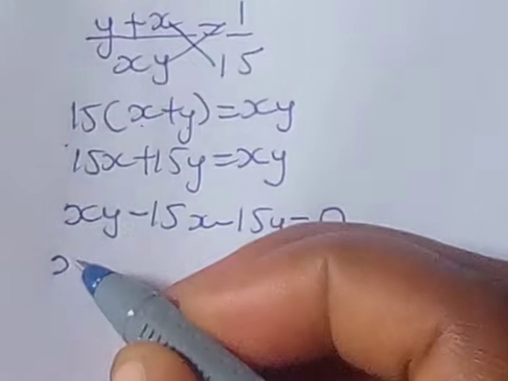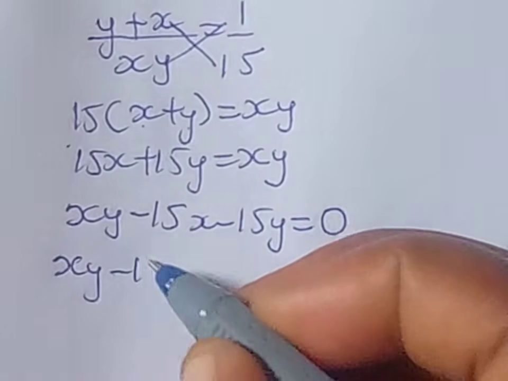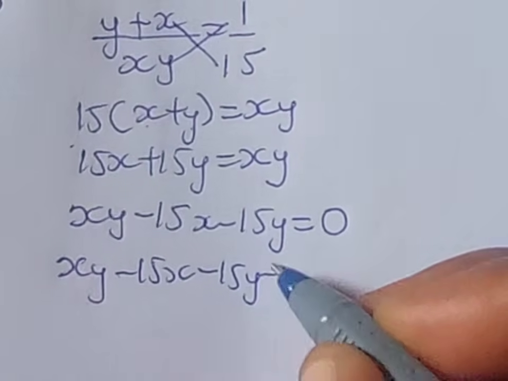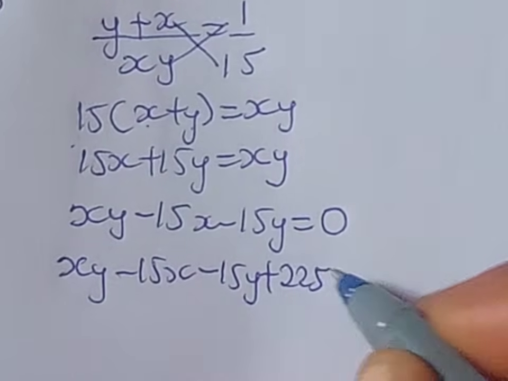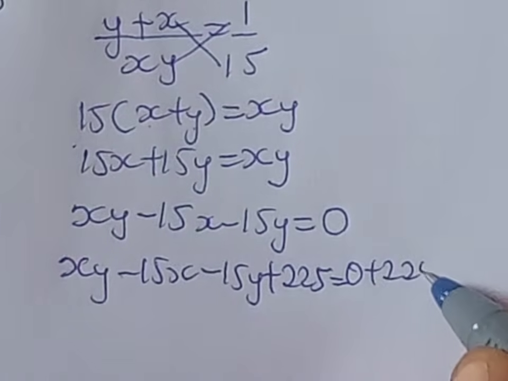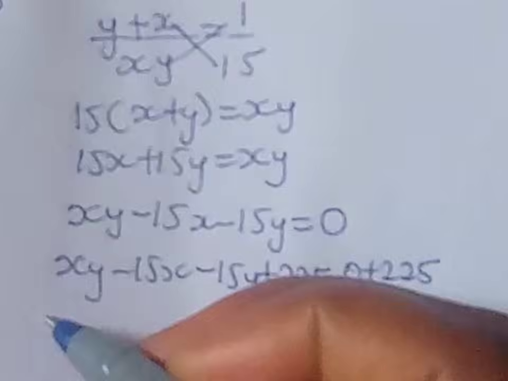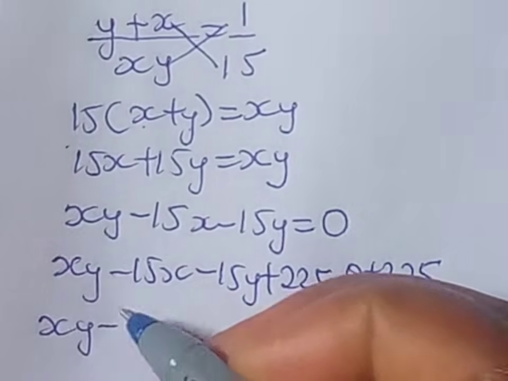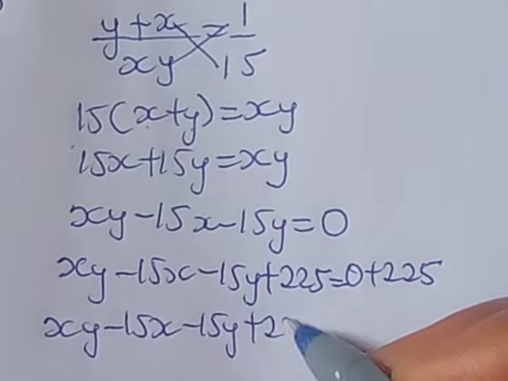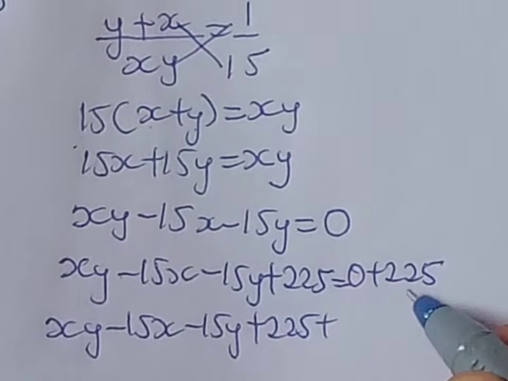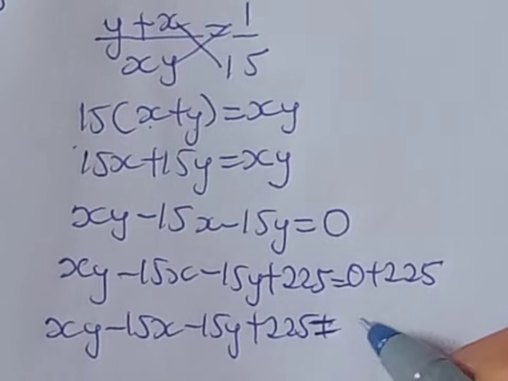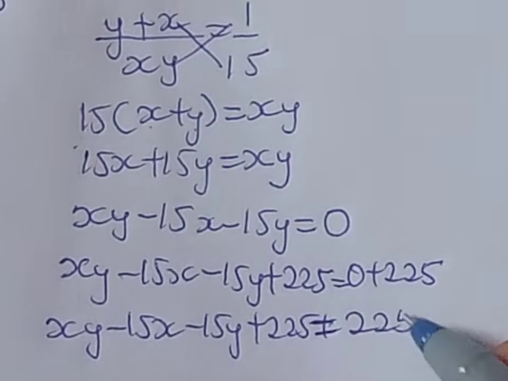So we have xy minus 15x minus 15y plus 225 equals 0 plus 225. Now we have xy minus 15x minus 15y plus 225 equals 0 plus 225, which will give us 225.